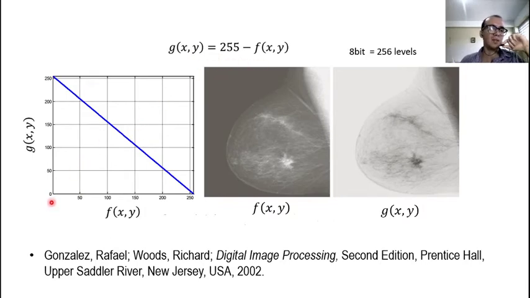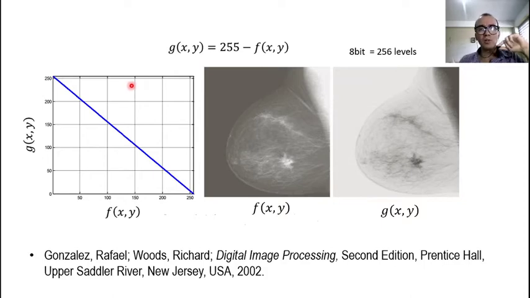For example, for very dark areas with 0 values, at the output we can see 255, which means the maximum white color in this image. So this transformation is very simple from this explanation.